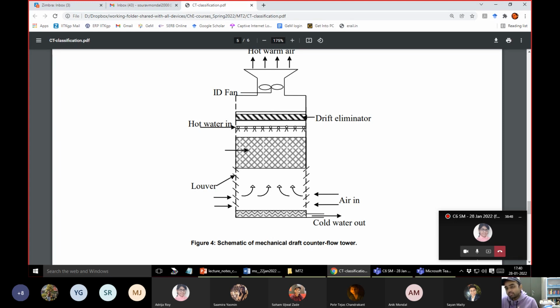The heavy unit on top is more susceptible to vibrations, and there are issues of stability of the structure. So that is one of the big differences, in terms of advantages or disadvantages, between the induced and the forced draft.